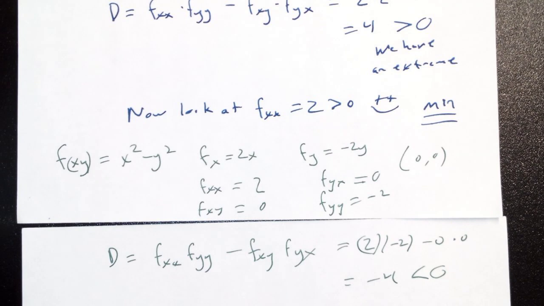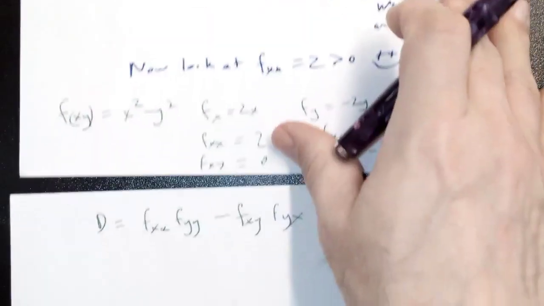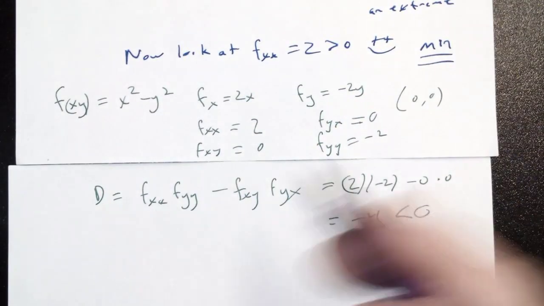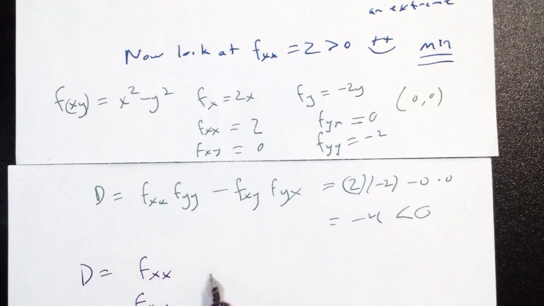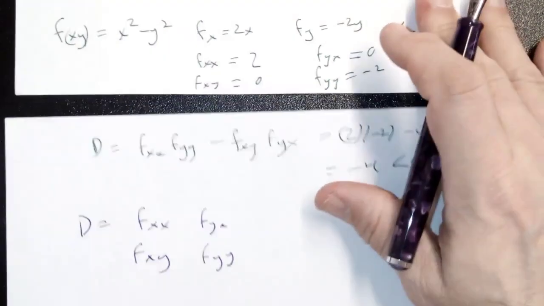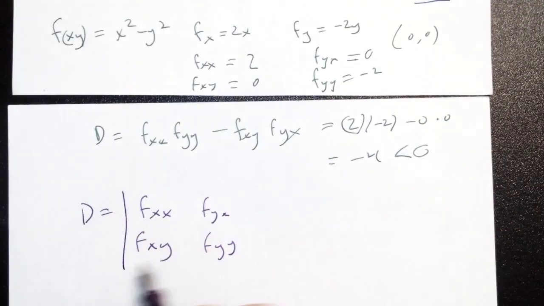The reason I did this is because I hate remembering this formula for D. This formula for the discriminant sucks. So I cheat. And I don't remember it this way. It's those 4 pieces, right? It's a determinant.